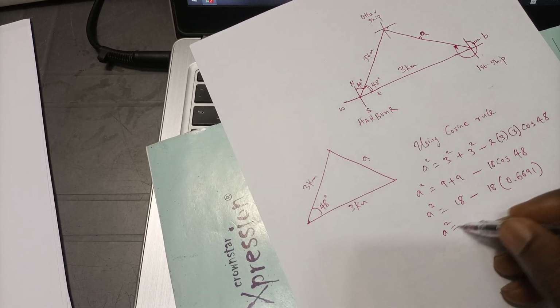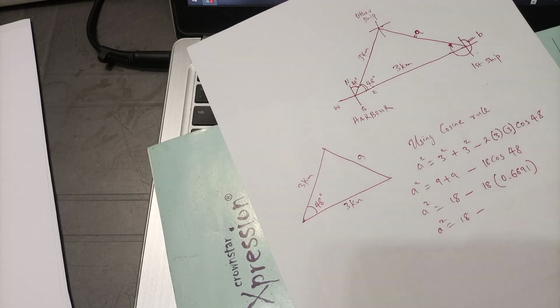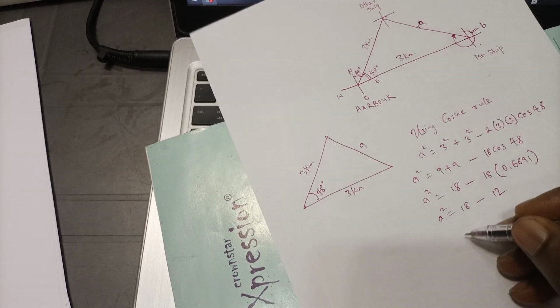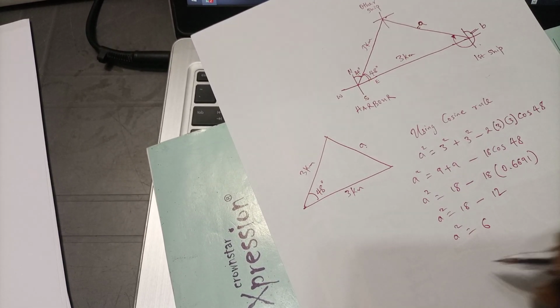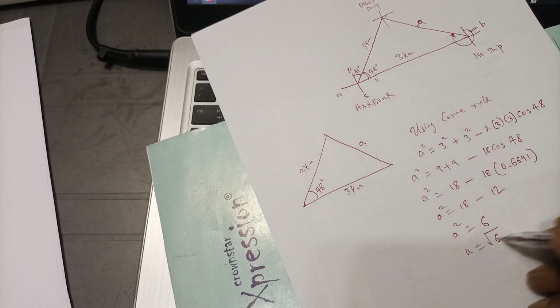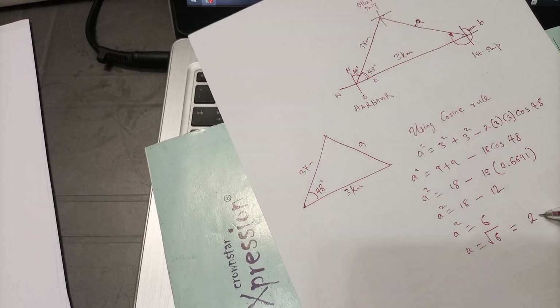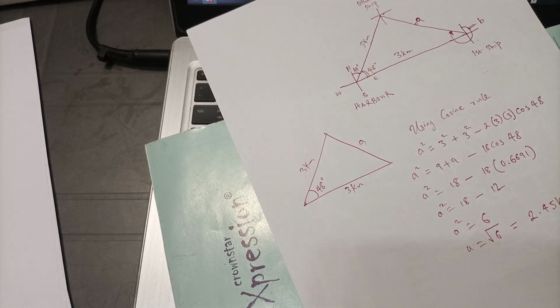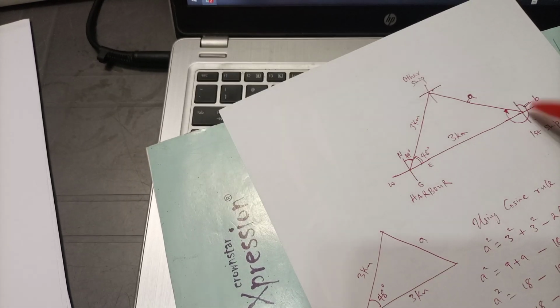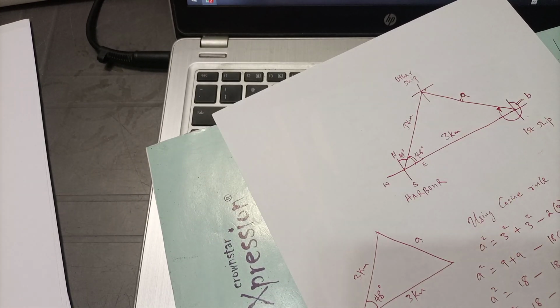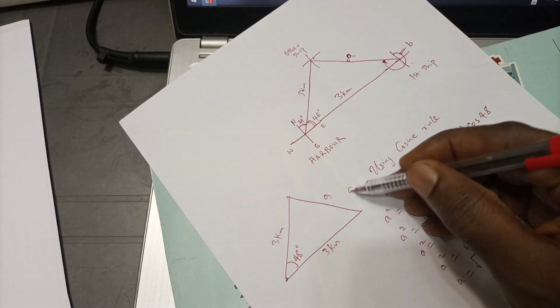So a squared is equal to 18 minus 18 times this, which gives approximately 6. A becomes the square root of 6, and the square root of 6 is about 2.45 kilometers. So the distance between the two ships is 2.45 kilometers. Okay, so that's your A part.